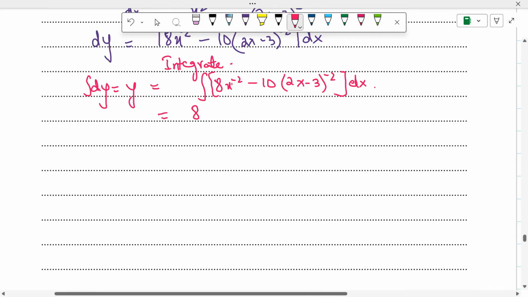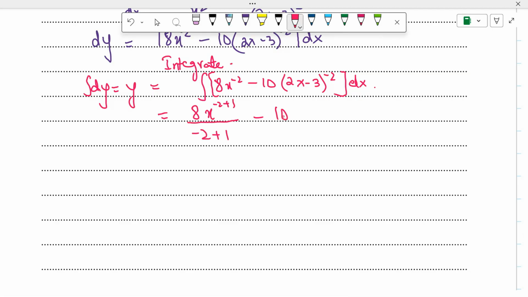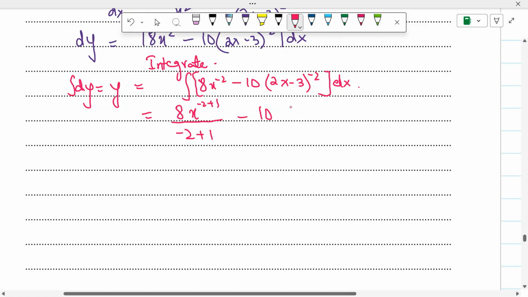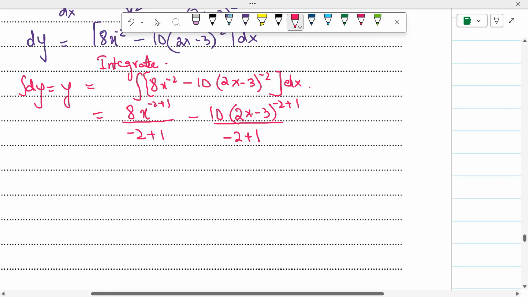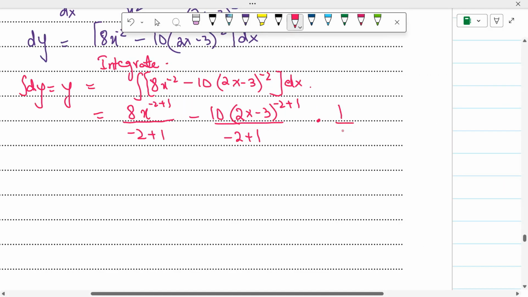And integration of x to the power of negative 2 is x to the power of negative 2 plus 1 divided by the new power, so negative 2 plus 1, minus 10 times the integration of (2x minus 3) to the power negative 2 plus 1 over the power negative 2 plus 1. And the 2 is multiplied with x, so it will be divided.